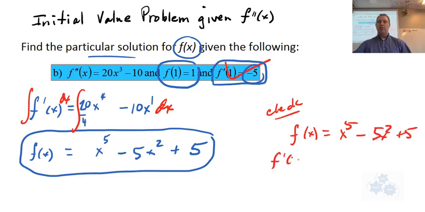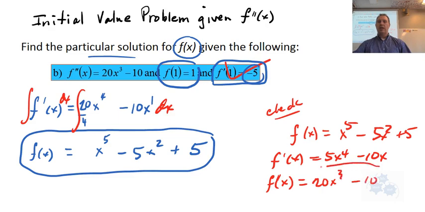The first derivative there is going to be 5x to the 4th minus 10x, which we saw earlier, and take the derivative again, and that's going to be 20x cubed minus 10. And is that the same thing that we started with? It sure is. So we do have the correct answer.